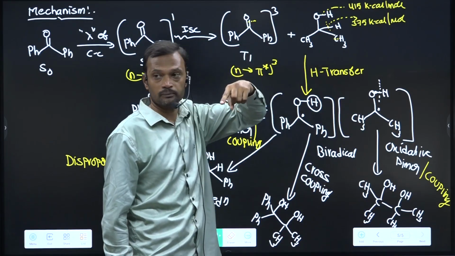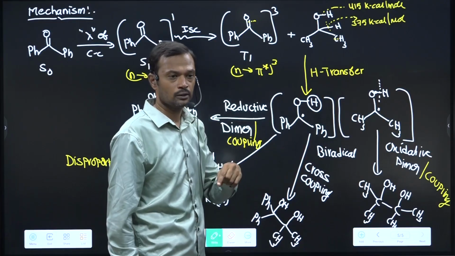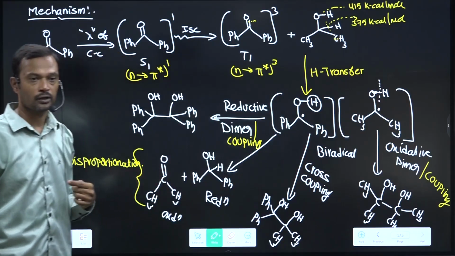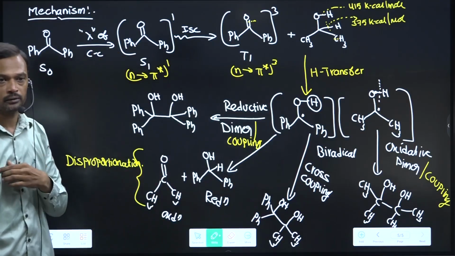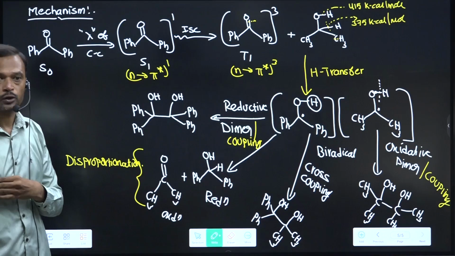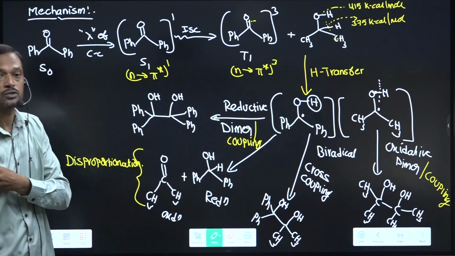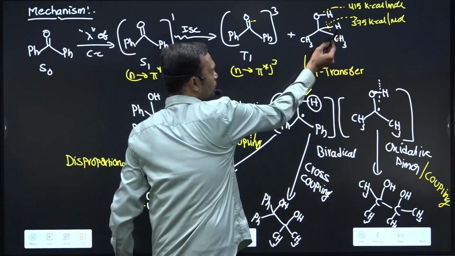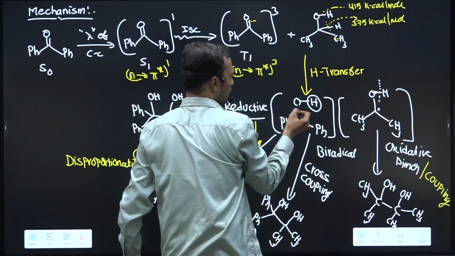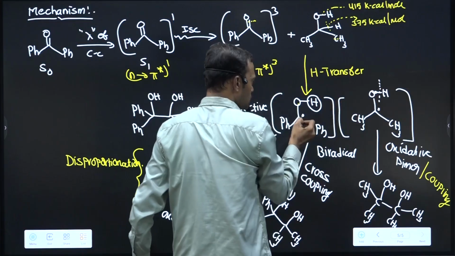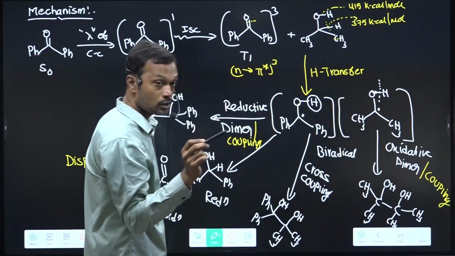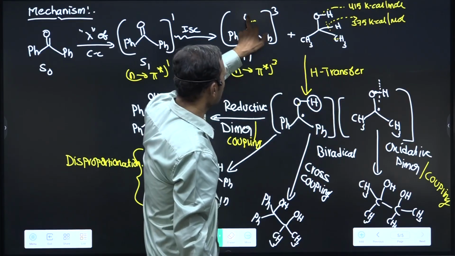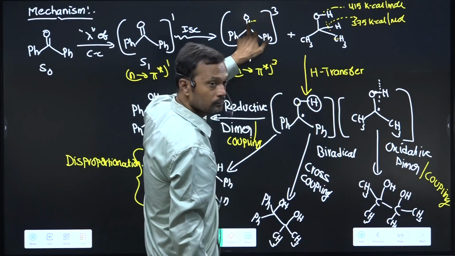See, one point I gave. After disproportionation, the next point is hydrogen donor, a point I gave. After hydrogen donor, one point I gave: hydrogen transfer to excited carbonyl oxygen followed by carbon. See, first this hydrogen transfers to oxygen. Later this oxygen's hydrogen transfers to carbon. First hydrogen transfers to where? Oxygen or carbon? Oxygen.